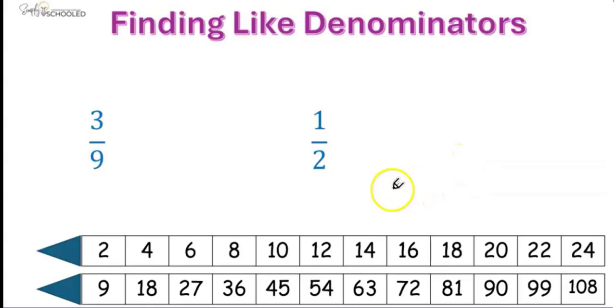Okay, here's another example. 3 over 9 and 1/2. I have my multiplication strips for 2 and 9, and I'm looking for a like multiple. And I believe the very first one is 18. That means I'm going to find an equivalent fraction of 3/9 with a denominator of 18 and an equivalent fraction of 1/2 with a denominator of 18.